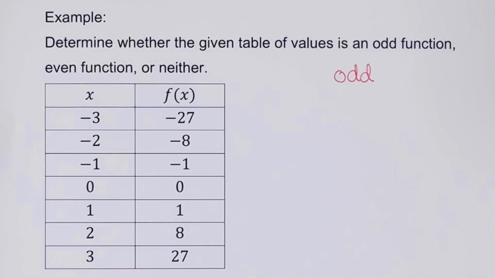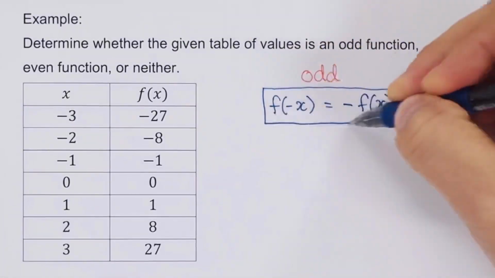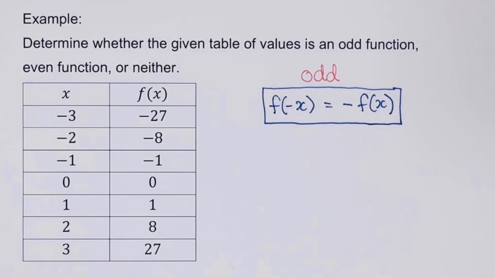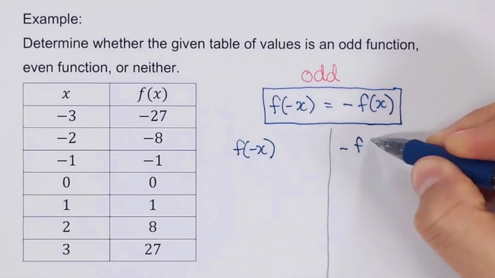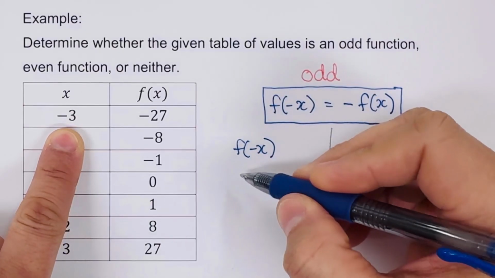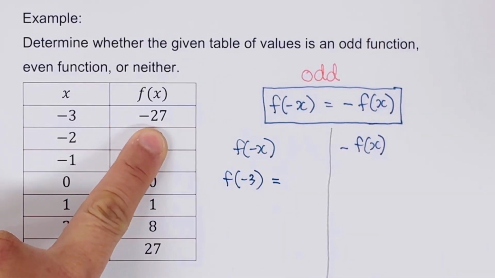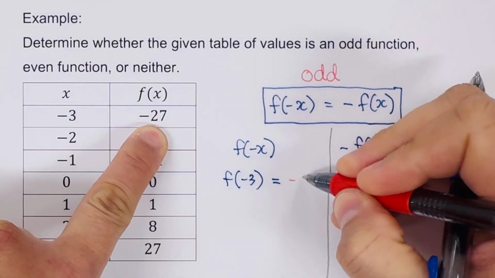Now let's look at this algebraically. We remember that a function is an odd function if f of negative x is equal to negative f of x. Now let's show this algebraically. If I take f of negative 3, the value for this is negative 27.